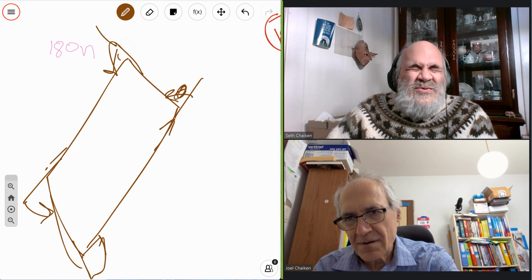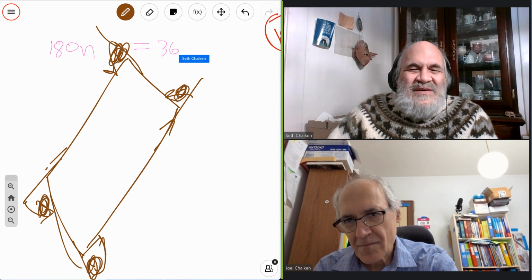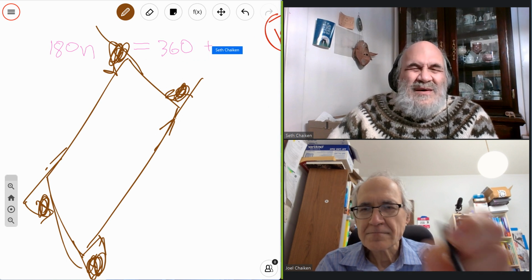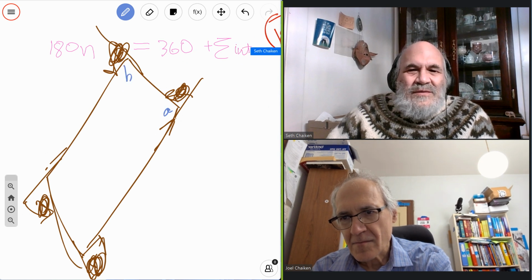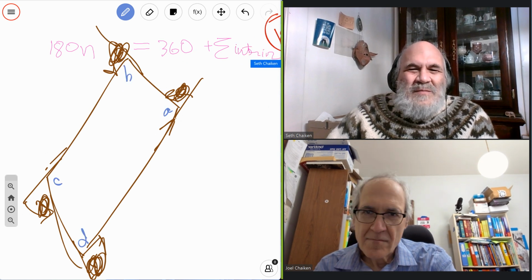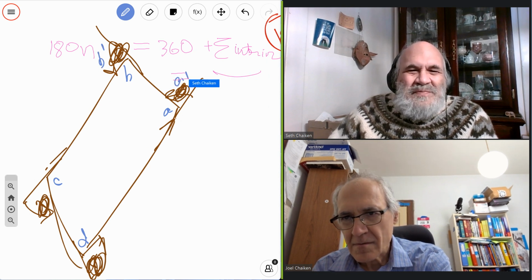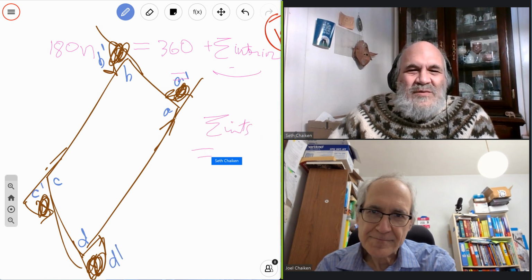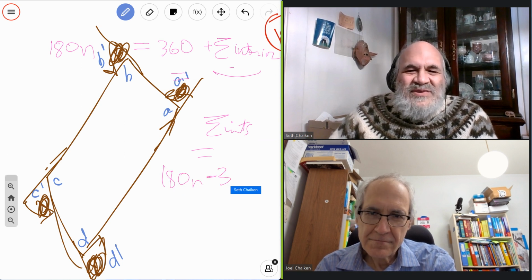So 180 times n is equal to 360 plus the sum of the interior angles. Okay, so the sum of the interior angles is equal to 180 times the number of vertices minus 360.